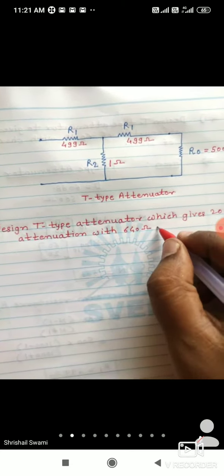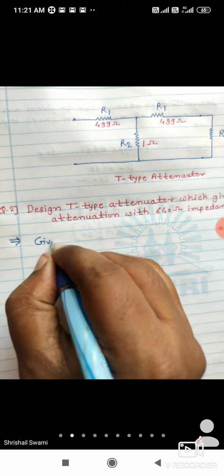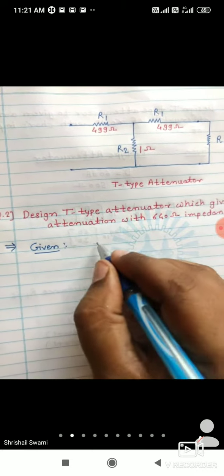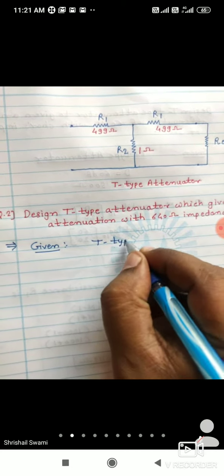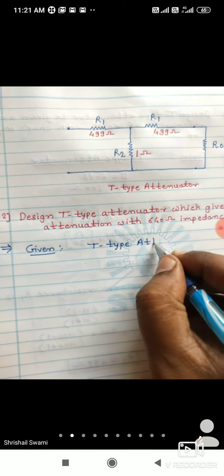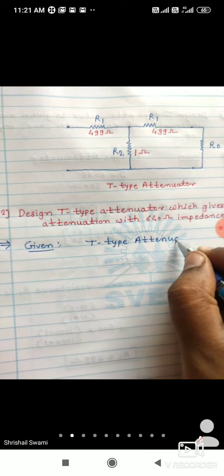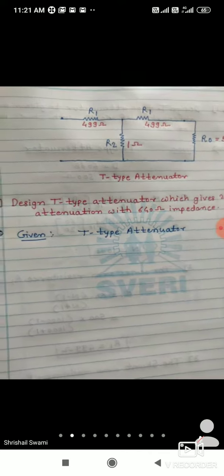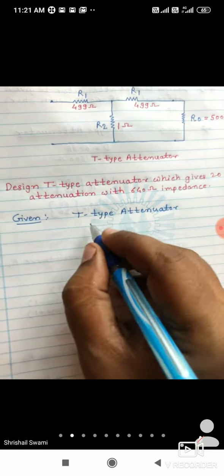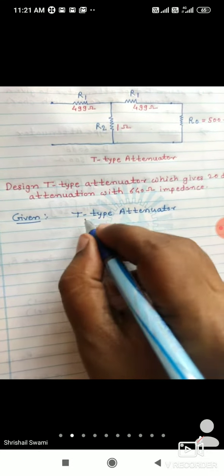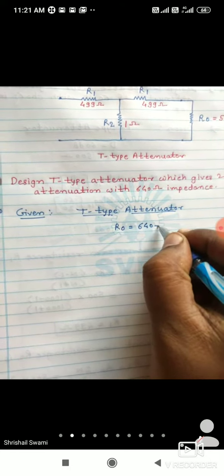Chalo. So given things, you have to design the T-type attenuator. Either you can draw the T-type attenuator at the early stage or at the last, your option. So for the T-type attenuator you have to write R1, the value of R0 is given 640 ohm, and the attenuation given in terms of decibel, that is D is equal to 20 dB.